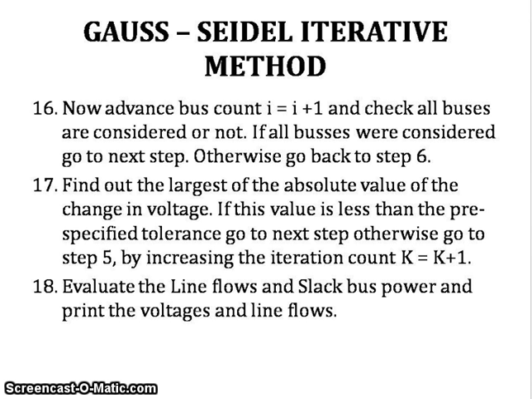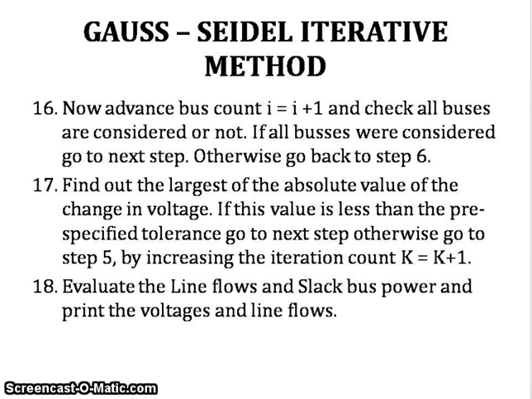In this iterative method, the current we will find out, for example Ii, which is (Pi minus jQi) by Vi star. Similarly, Vi we need to find out with the formula 1 by Yii times (Pi minus jQi by Vi star minus sigma k equal to 1 to n, Yik Vk).